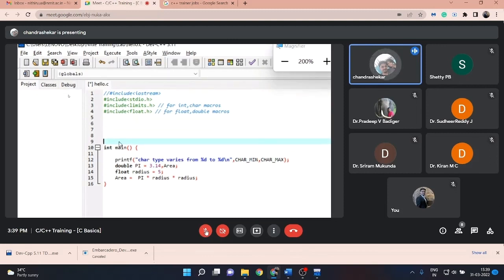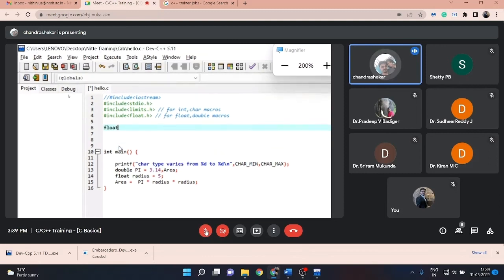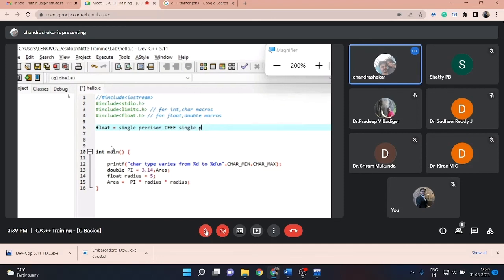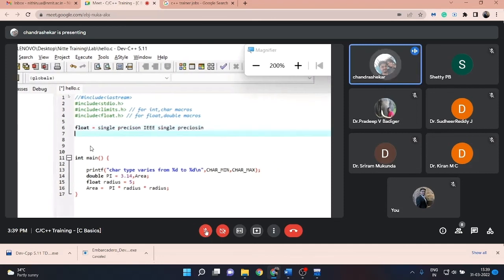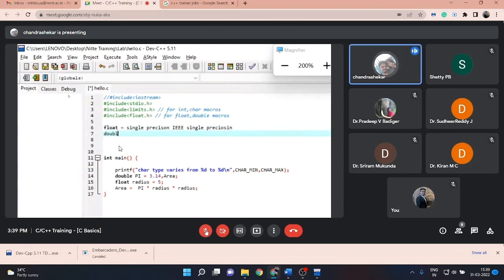Coming back to the history of the numbers, float is a single precision number. I think you are aware of the IEEE single precision number. Don't get into so much detail, I'm just telling you. Double is a double precision IEEE number.